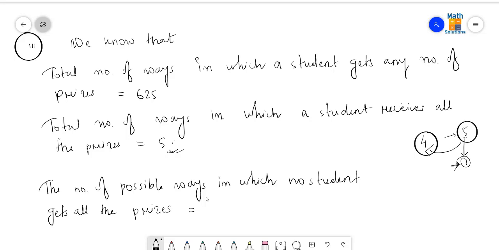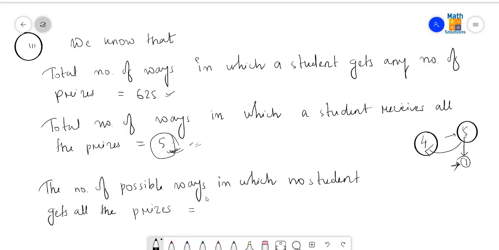From this, if we subtract the number of ways in which a student gets all the prizes, then we can evaluate the number of possible ways in which no student can get all the prizes. Means we have to keep away this term, and the rest we need to consider. Means from this total we have to subtract these 5 ways in which the student receives all the prizes. Then we can evaluate those possible ways in which none of the students are receiving all the prizes.